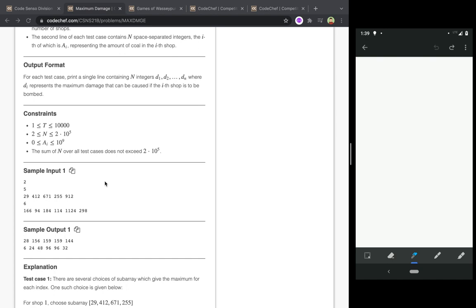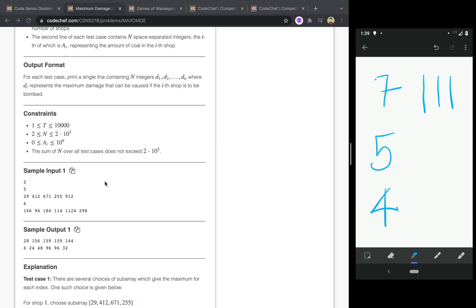The reason that is true is because, let's say there is a number 7, a number 5, and a number 4. If we represent 7 in binary, it would be 4 plus 2 plus 1, which is 111.